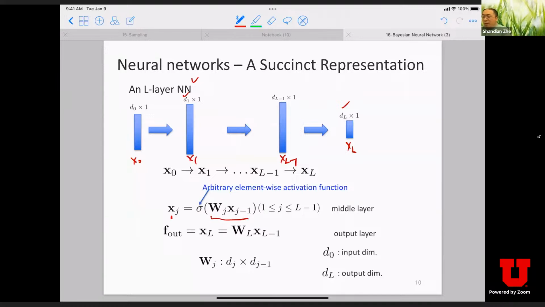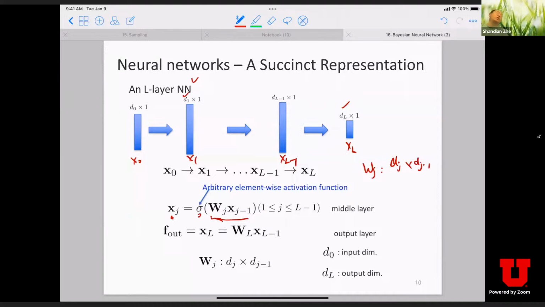Then we apply an element-wise activation function over this, and we get the output of the j-th layer. The weight matrix Wj is of size dj times dj minus 1.